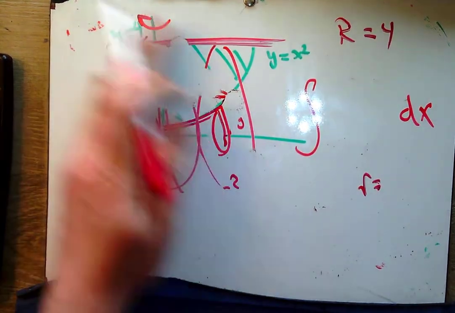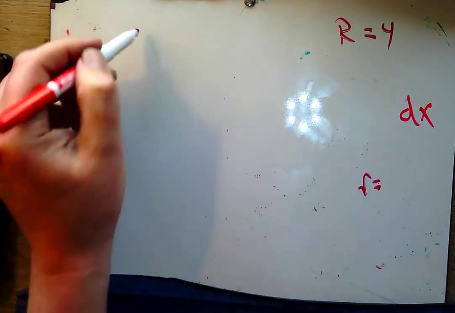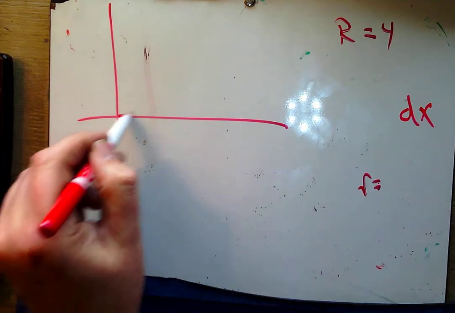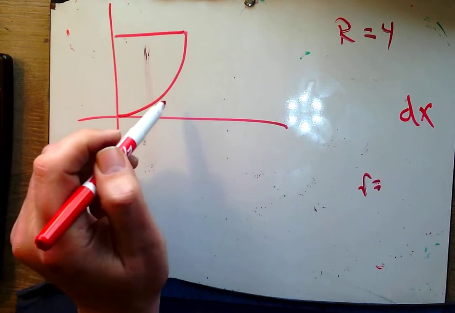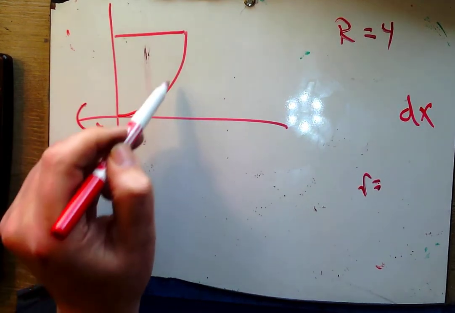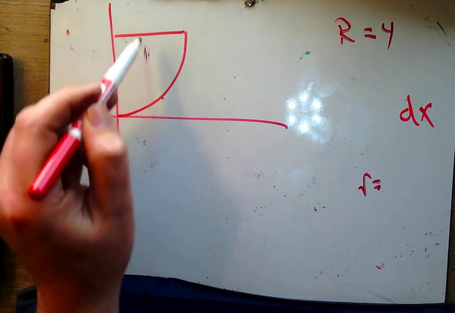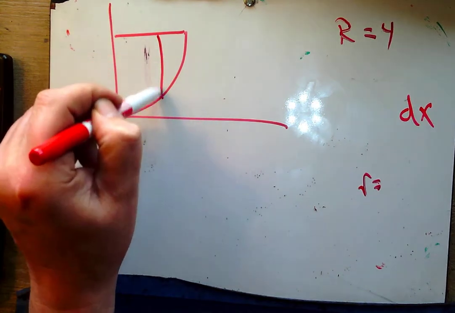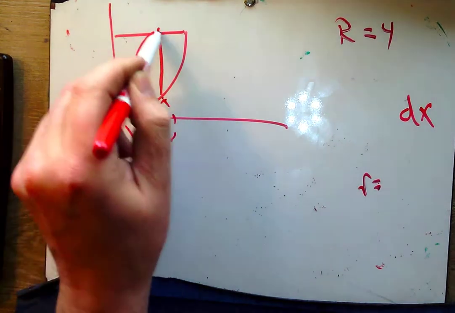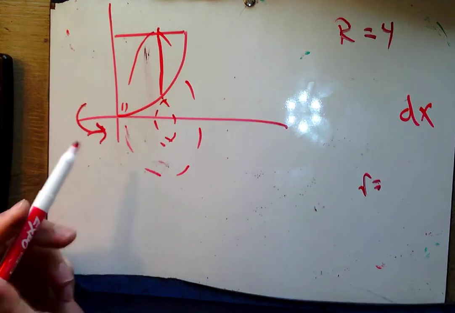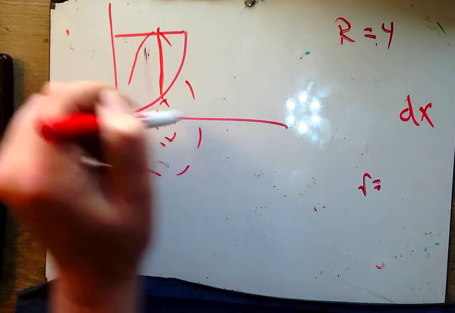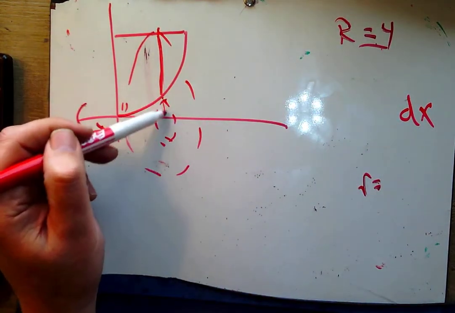Let's erase some of this stuff and try again. Here's the picture, and we'll rotate it around here. Okay. So that's the kind of thing I'm looking for. Big R is this distance, constant 4. Here's little r.